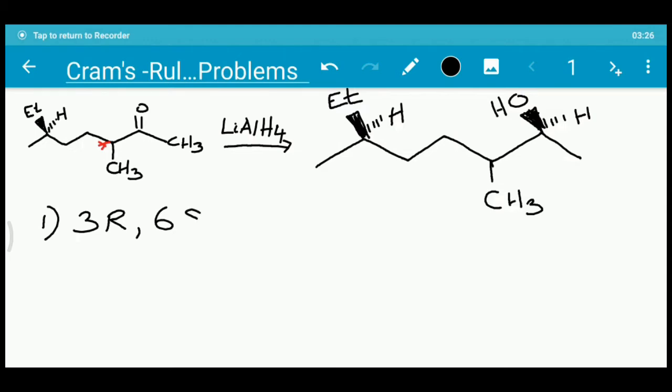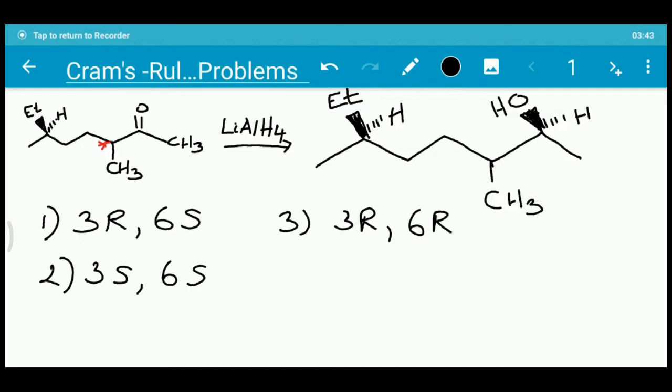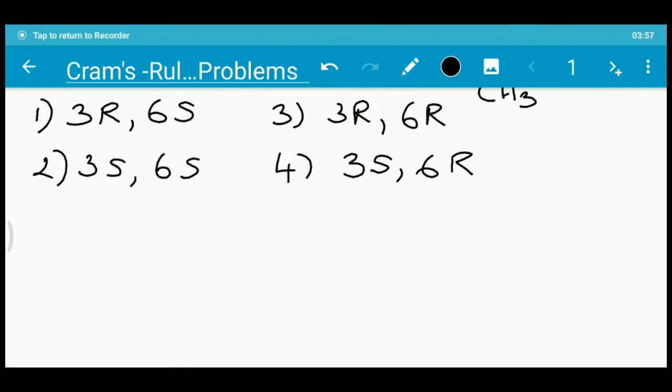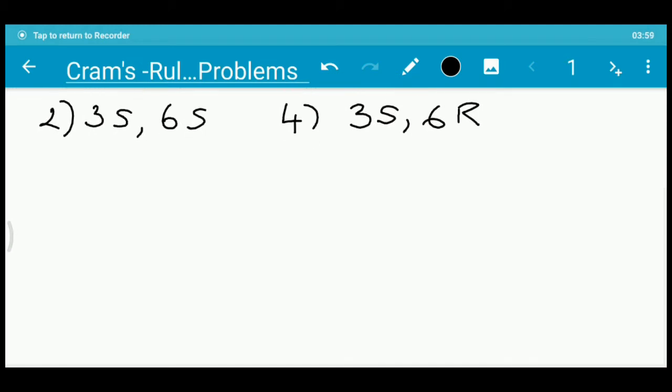Now the options are: we have to predict the stereochemistry of the product, and option 1 is 3R 6S, 2 is 3S and 6S, 3 is 3R and 6R, and 4 is 3S and 6R.